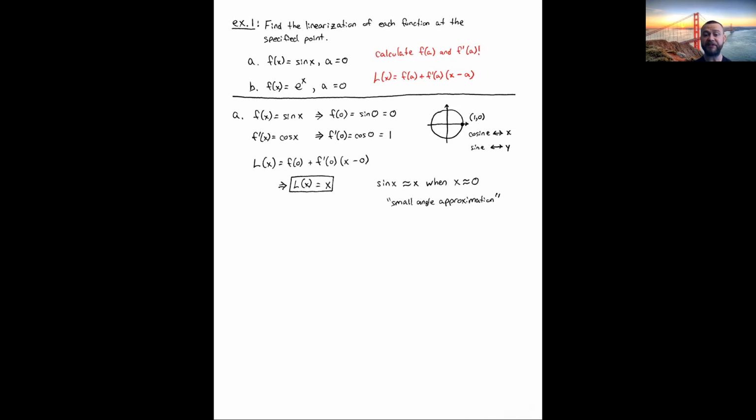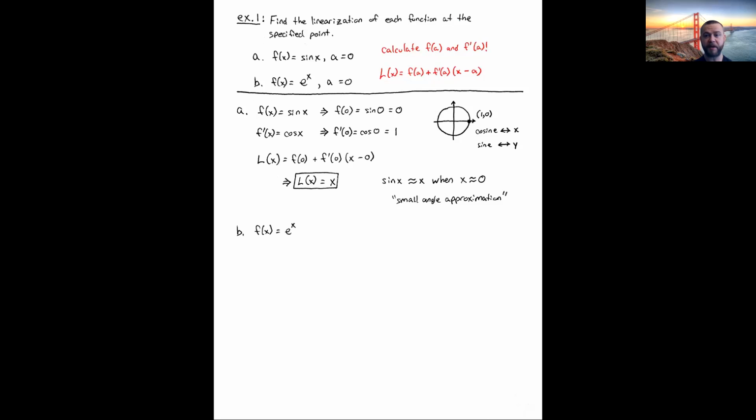What this says is that sine of x is approximately equal to x when x is approximately equal to 0. This is what's known in science and engineering as the small angle approximation for sine. If we were to plug a very small number into sine, you should find that it comes out to be approximately that number.